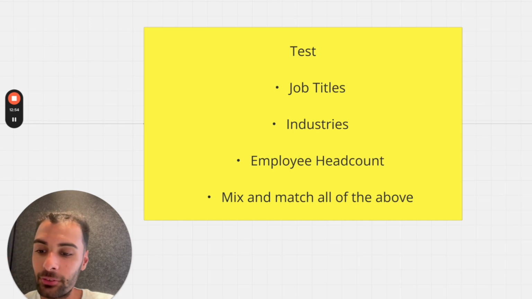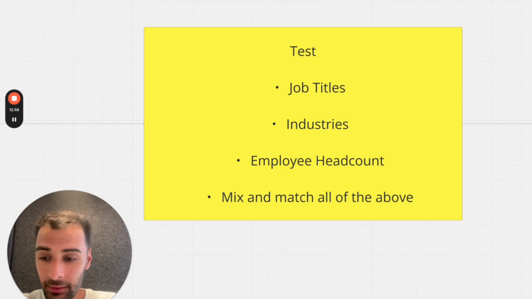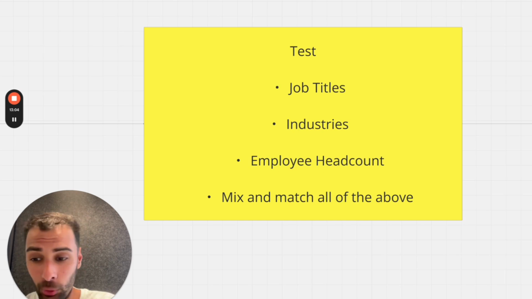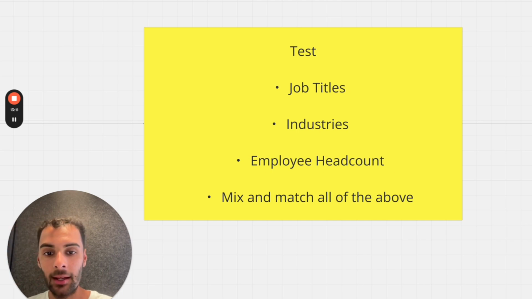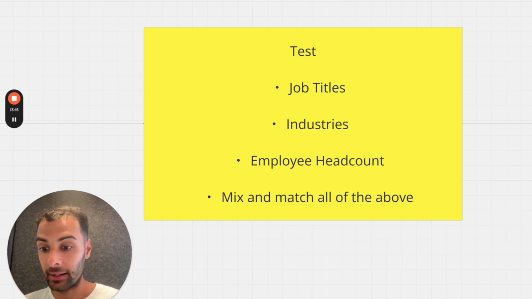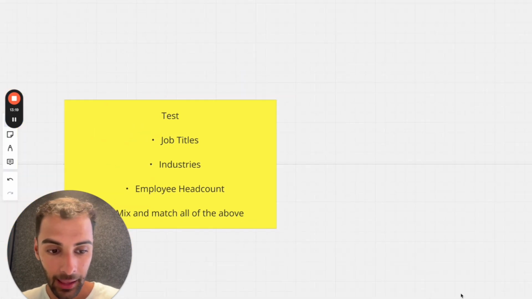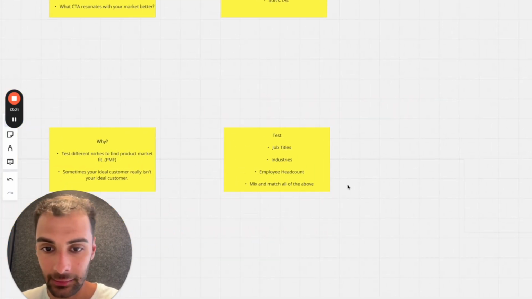So just test different ICPs, test different job titles, and even, if you're usually working with, let's say, mid-sized companies like 50 to 100 or 50 to 250, and you're like, okay, well, I want to split test 1,000 plus. You can do that as well, right? And again, just mix and match all of these above, and you'll be able to find one ICP that works for you, right? So that is how you do at least split testing, right?